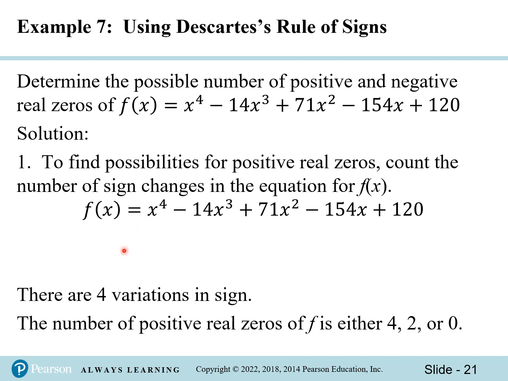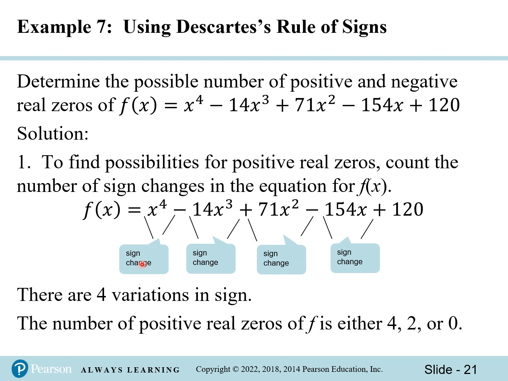So this starts out as positive, and then it changes to negative. That's one sign change. Negative changes to positive, one sign change. Positive changes to negative, one sign change. Negative changes to positive, one sign change. So this has 1, 2, 3, 4 sign changes.